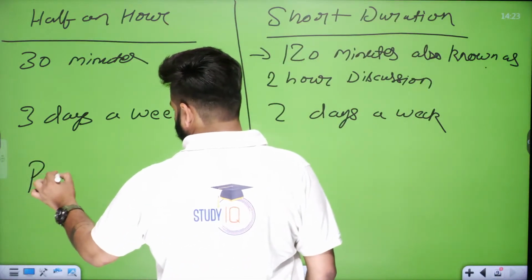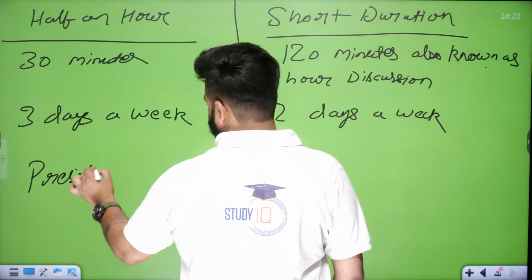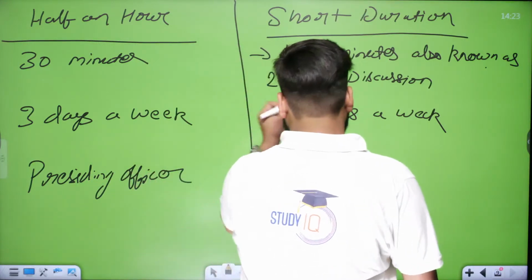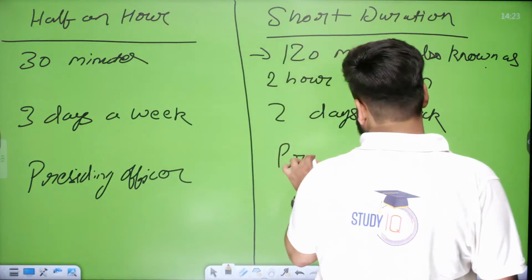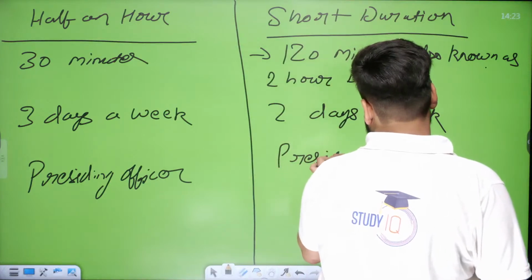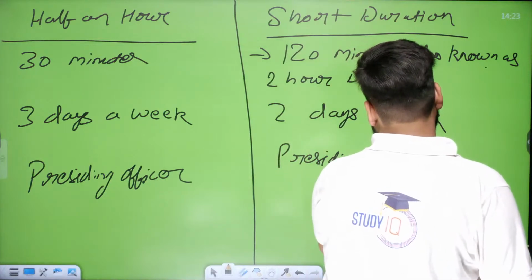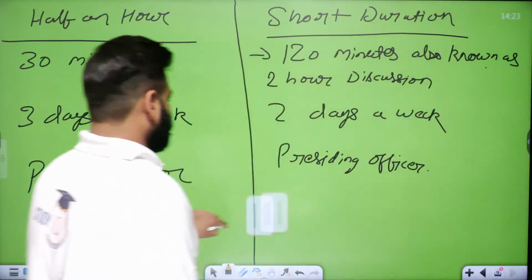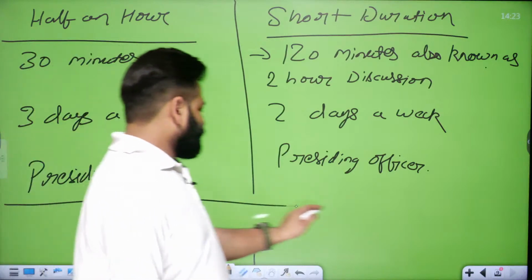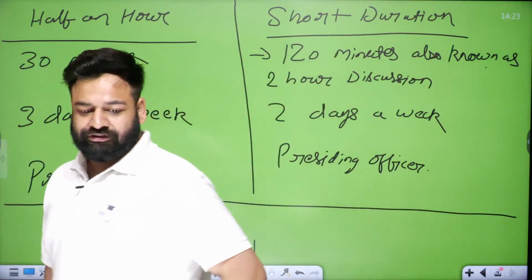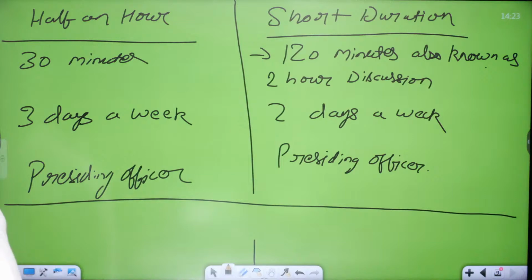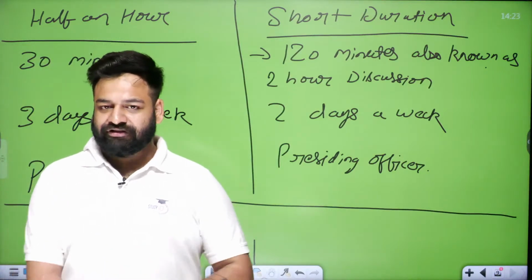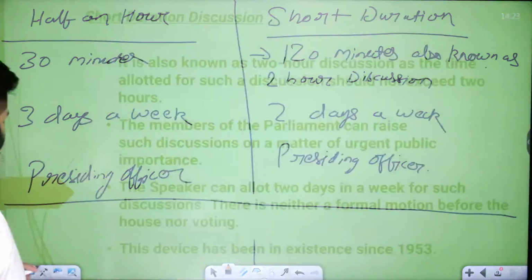Once again, whosoever is the presiding officer, the same for both. That's the basic difference between the short duration discussion, also known as 2-hour discussion, and the half an hour discussion. That's it.